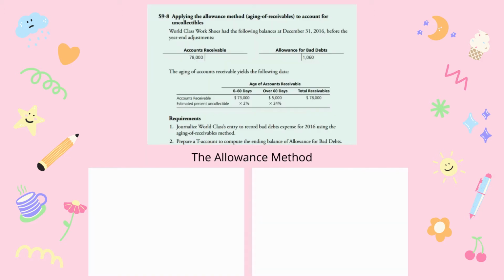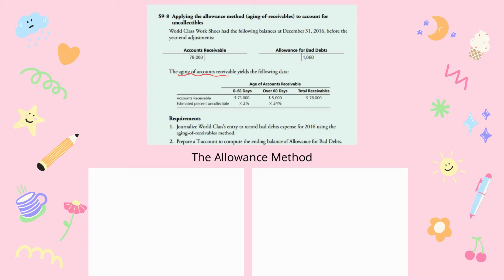Let's read this question. World Class Work Shoes had the following balances at December 31st, 2016, before the year-end adjustments. Accounts receivable has a debit balance of 78,000, and allowance for bad debts has a credit balance of 1,060. The aging of accounts receivable yields the following data.